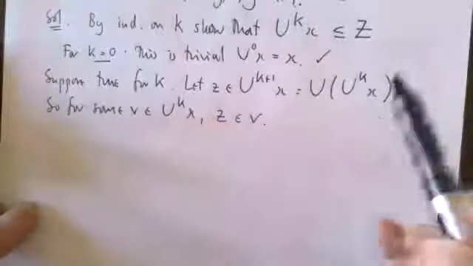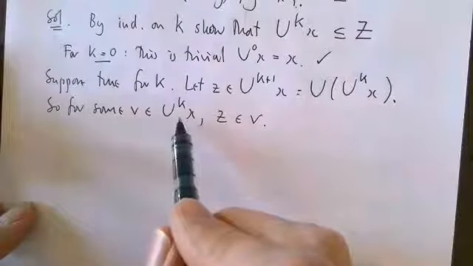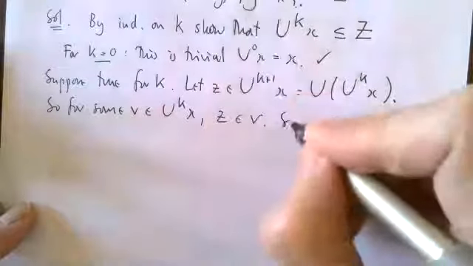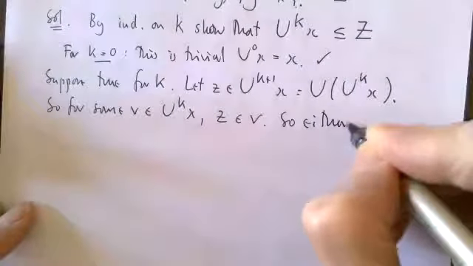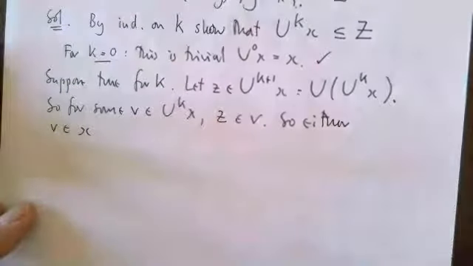So this v here, it's either in here or it's in here. Either v is a member of x, right?